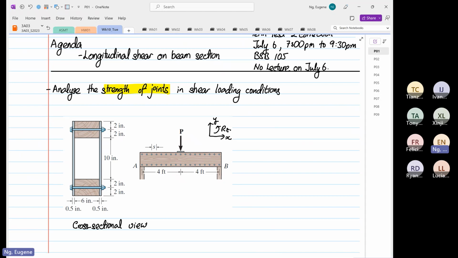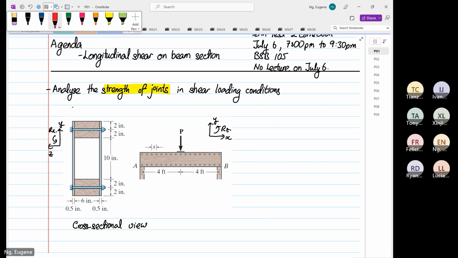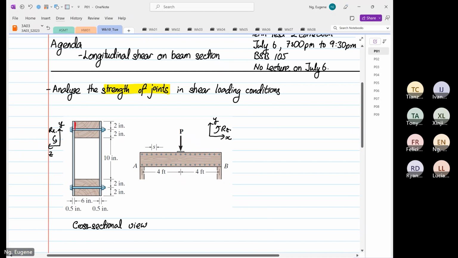If I draw the transformation on this side, this will be Y, this will be Z, and this will be rotation about X. And our structure is going to fail first at the joints that I'm going to draw in red. But before I go on, let's look at this structure.